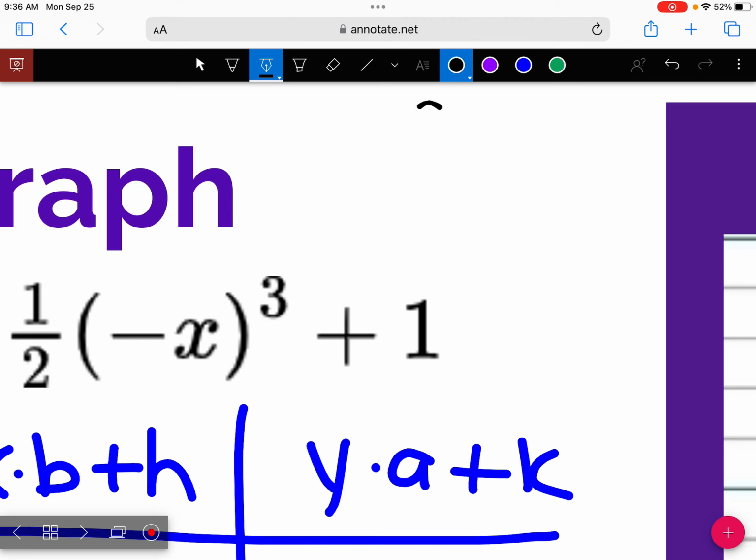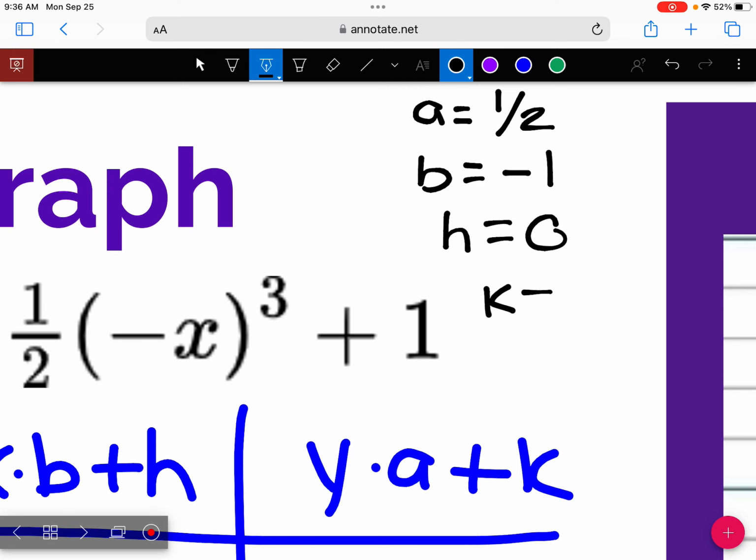So what is our a value? 1/2. What is our b value? -1. What is our h value? 0. What is our k value? 1. Boom. Put it on the table.